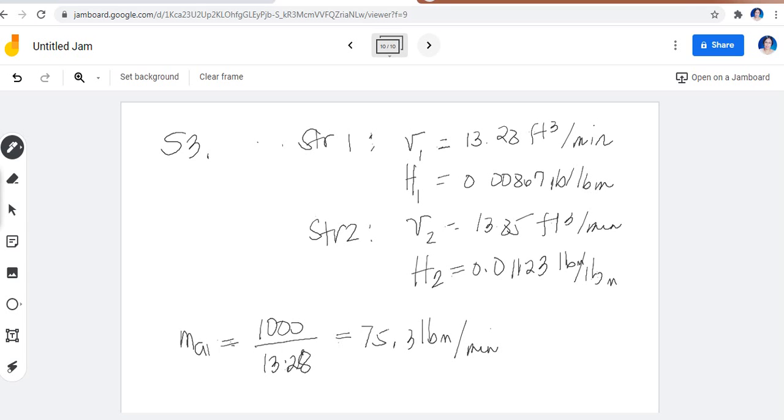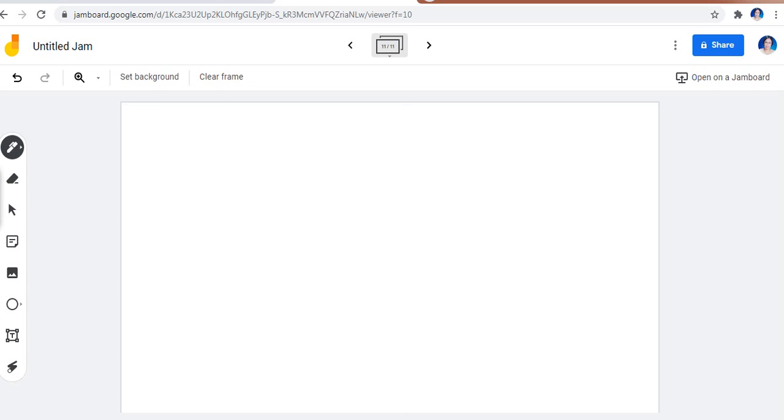For stream 2, the same thing. You use the volumetric flow rate that is stated, which is 400, and you divide that by the specific volume. So you will have here a value which is 28.9 pound mass per minute.